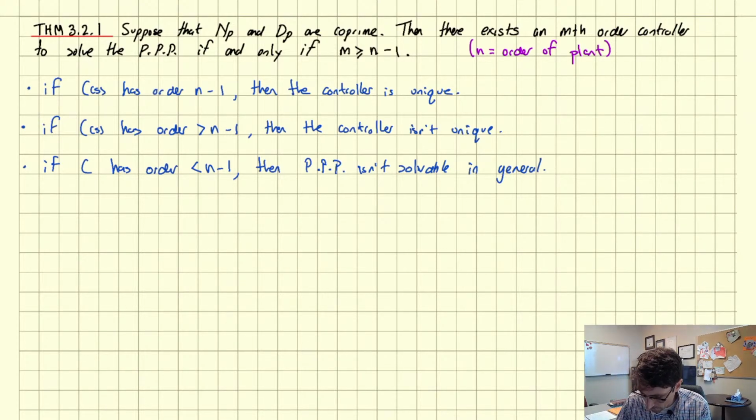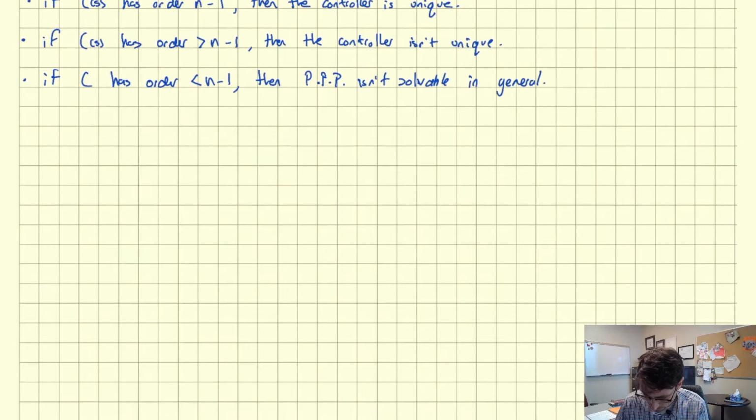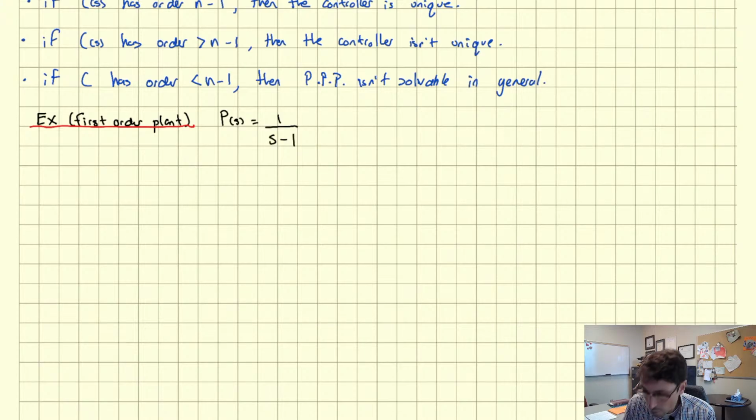Okay, let's do a simple example to sort of get our feet wet and to see what's going on here. So this is the type of problem that certainly you would have been able to solve after your first control course, but let's put it in the context of this pole placement problem. So our plant is first order, and it has a pole at s equal to 1.